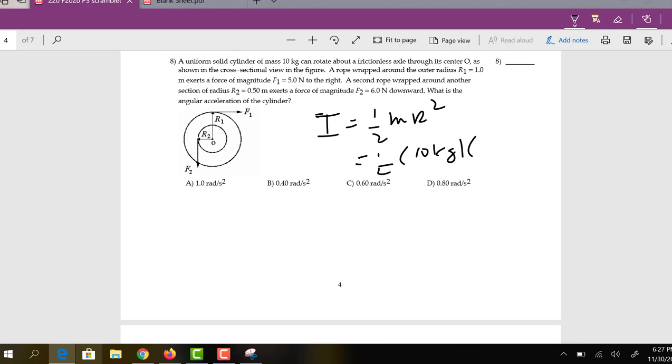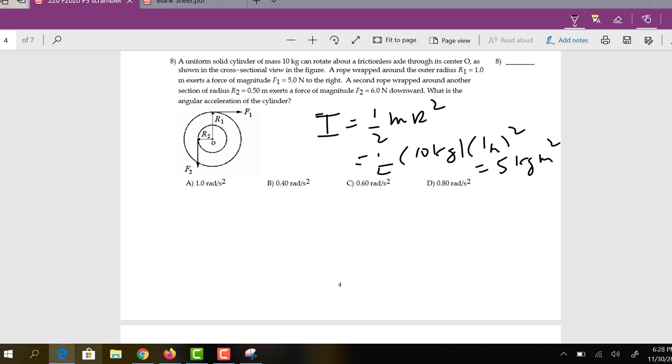Let me continue reading a little bit. A rope wrapped around the outer radius, 1 meter. So you can see from the picture R1 is 1 meter. So that's the size of the whole thing. So 1 meter squared. Good, so this isn't too bad to calculate. 5 kilogram meters squared. That's the moment of inertia: 1/2 times 10 times 1 squared.